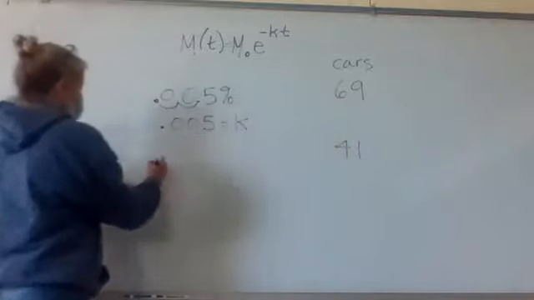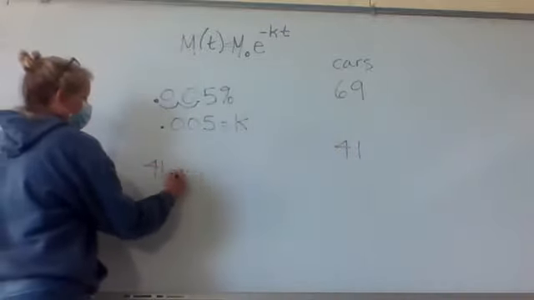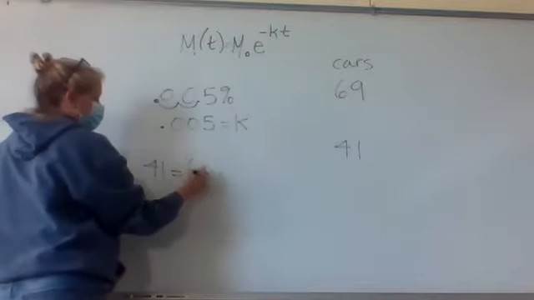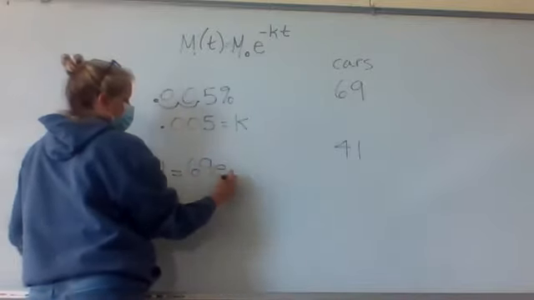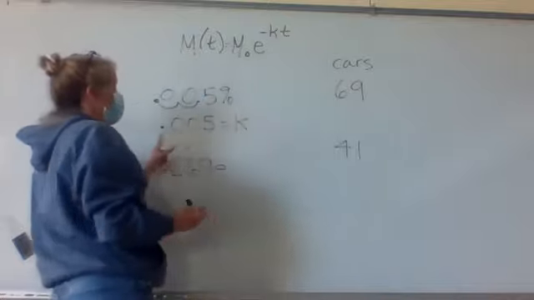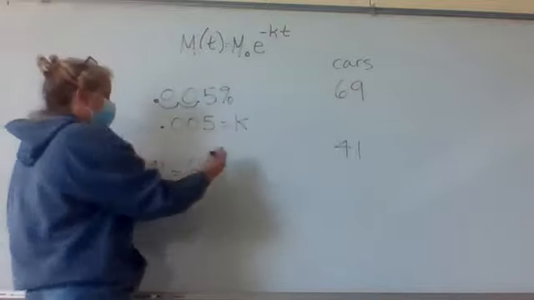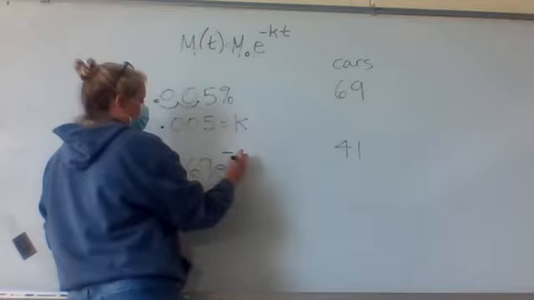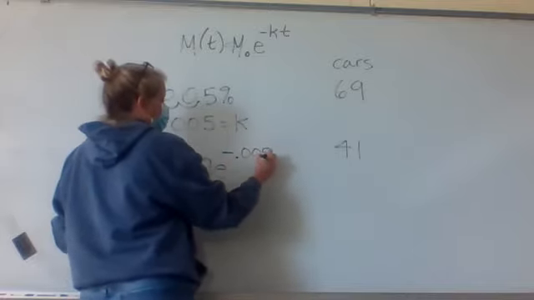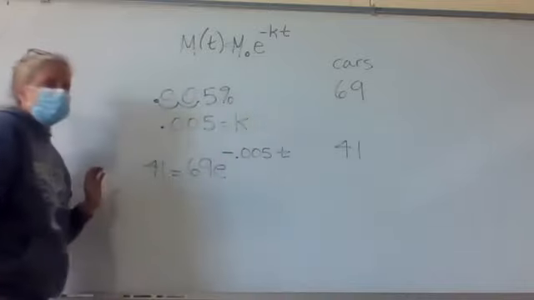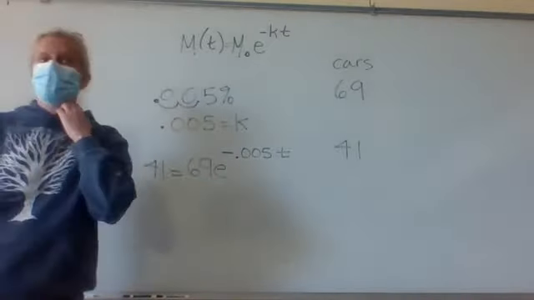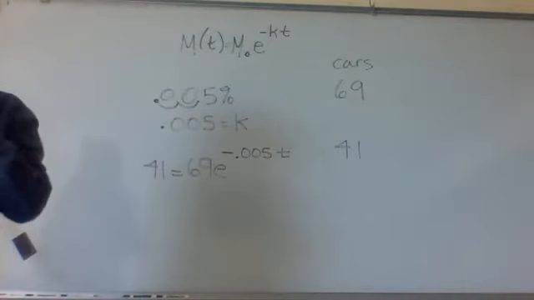So 41 million is your end. 69 million is your beginning, e to the negative, right? So this K, I need to put a negative in front of it because we're decreasing: 0.005 T. Solve it for T, just like I've done on the last couple of problems.